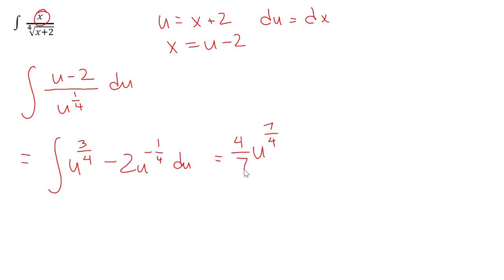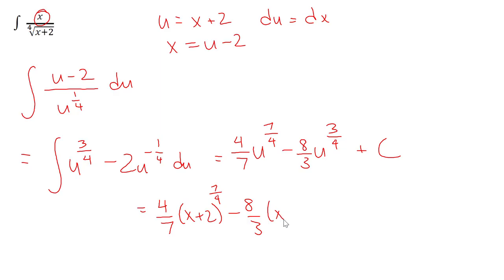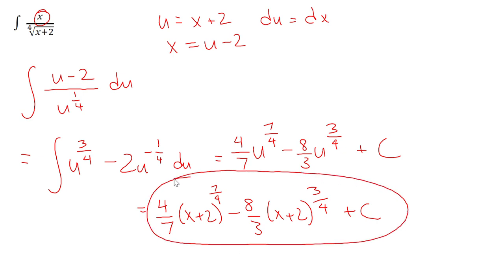And then minus 2u to the -1/4, well, we'll go up to u to the 3/4, and we'll divide by 3/4, which is the same as multiplying by 4/3, which would be a minus 8/3 u to the 3/4, plus, of course, our constant. We'll now replace all the u's with x plus 2, and we've got 4/7 of x plus 2 to the 7/4 minus 8/3 of x plus 2 to the 3/4 plus our constant.